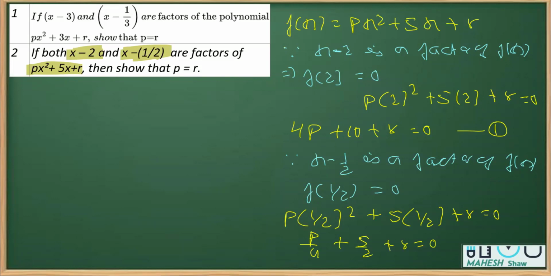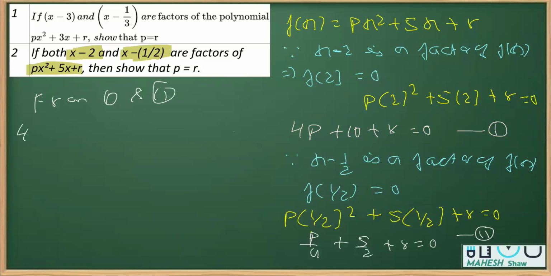Now compare these two. This is equation 1. We need to see that in equation 1, we have RHS as 0. And when you see equation 2, if I mark this as equation 2, here also RHS is 0. So from equation 1 and 2, we can equate these two.